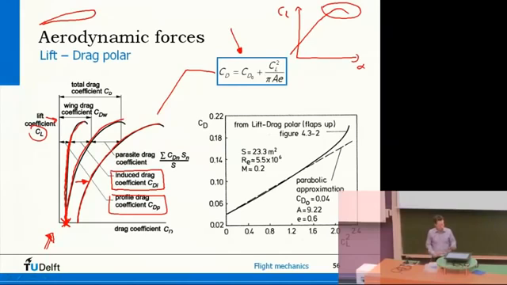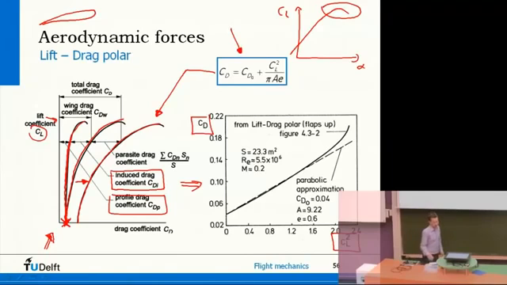Because if you would take this curve and plot it a little bit differently, so now I have CD on the y-axis and CL squared on the x-axis, so I make exactly the same plot as on the left-hand side, I'm just turning it around and using a square.